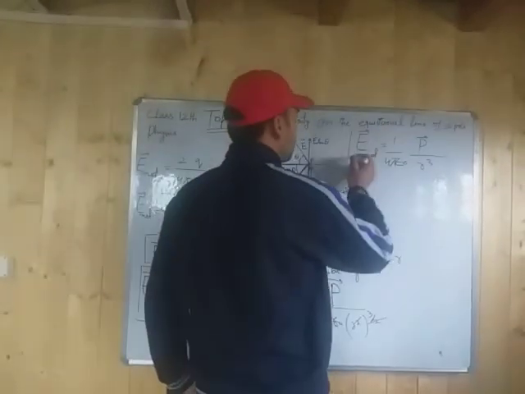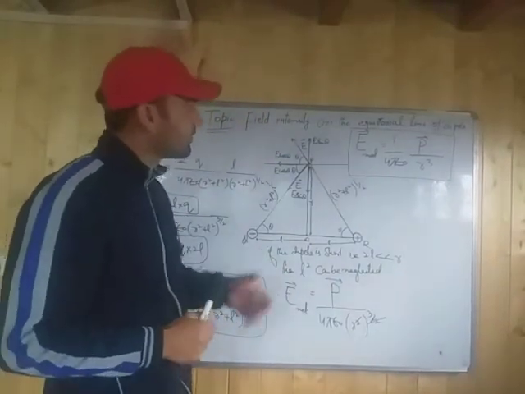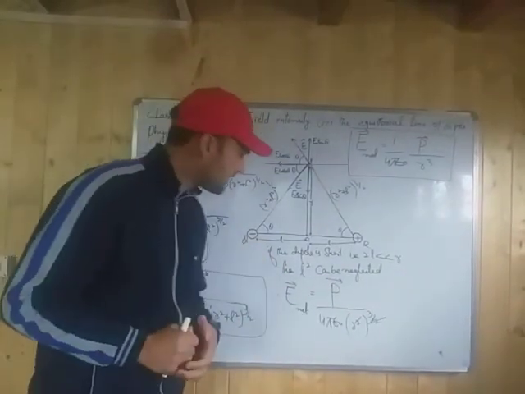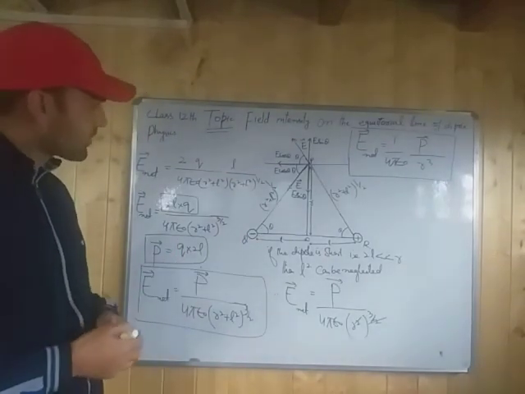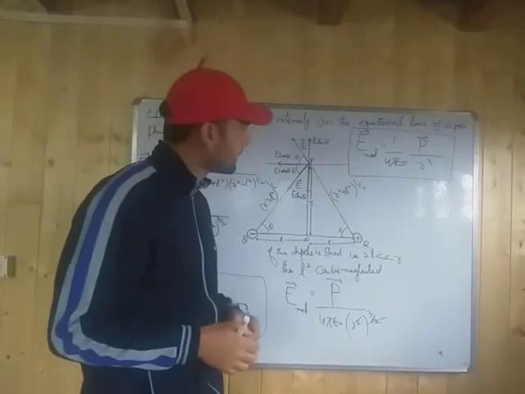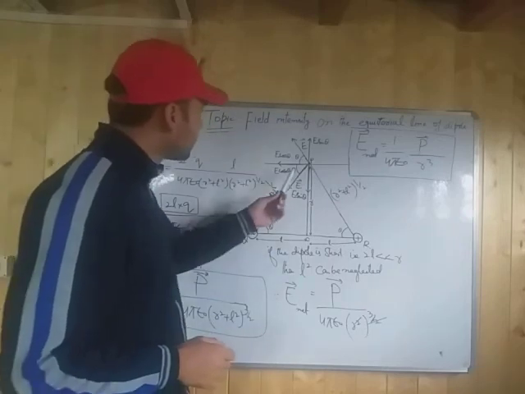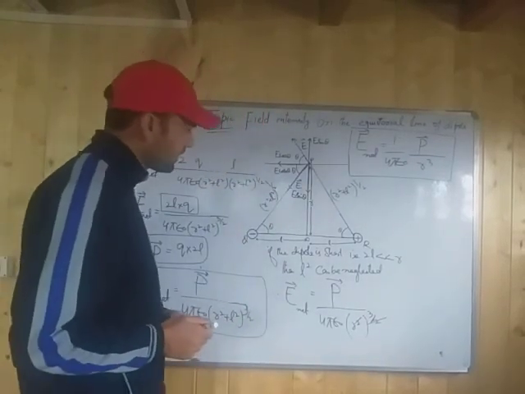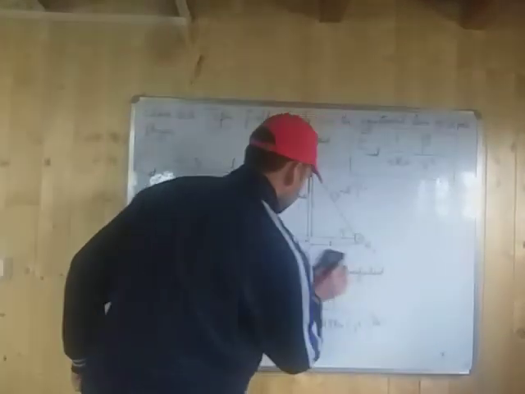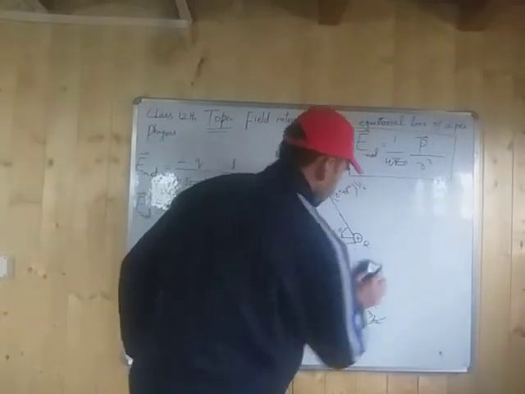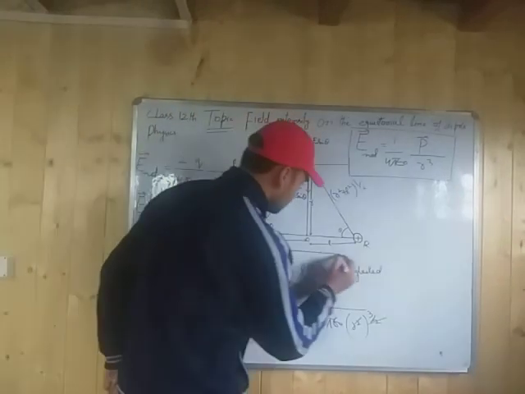This is the resultant field intensity at point P on the equatorial line of the dipole, due to the positive charge as well as due to the negative charge. But what will be the direction of the dipole moment and the electric field? We know that the direction of the dipole moment is from the negative charge towards the positive charge.